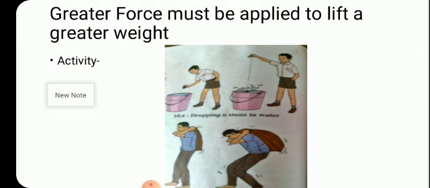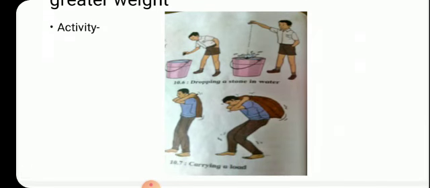Now, come to the textbook, page number 72. What is given here? When you weigh any object using the spring balance, children, try to understand the spring balance. When we put a certain object and hold the spring, at that time you will observe that the object comes to rest when the tension in the spring and the gravitational force on the object become equal.